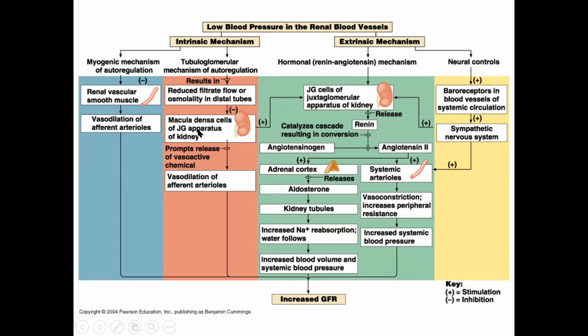Less filtrate, less concentration, less sodium, right? These changes will be sensed by chemosensors, and then lead to the release of vasoactive chemicals, which dilate the afferent arterioles to allow more blood flow into the area.